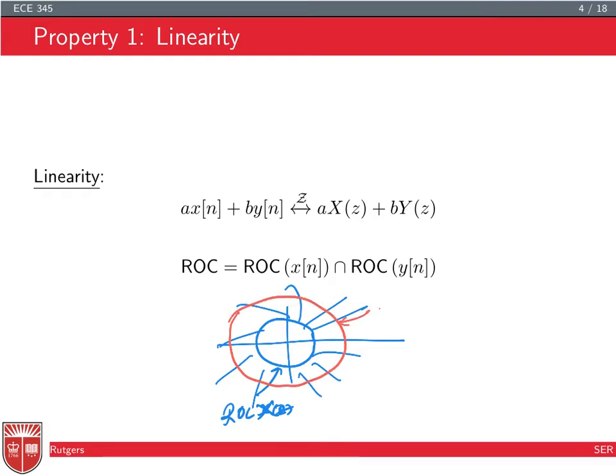This is the ROC of y of z, and it's left-sided, so it's the inside of the circle. Then for their sum, the ROC is going to be the ring, which is the area between these two circles, which is the intersection. So that's the important part. You knew this before, but I just wanted to remind you of this property.